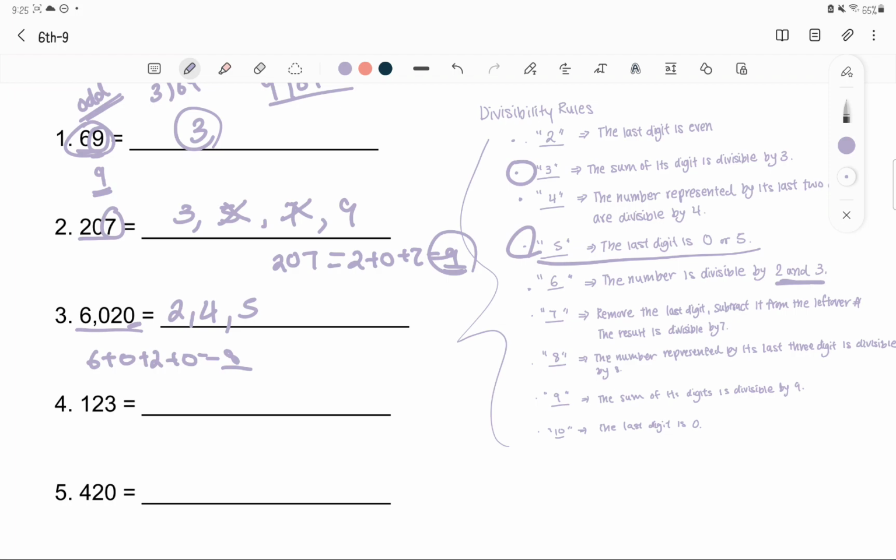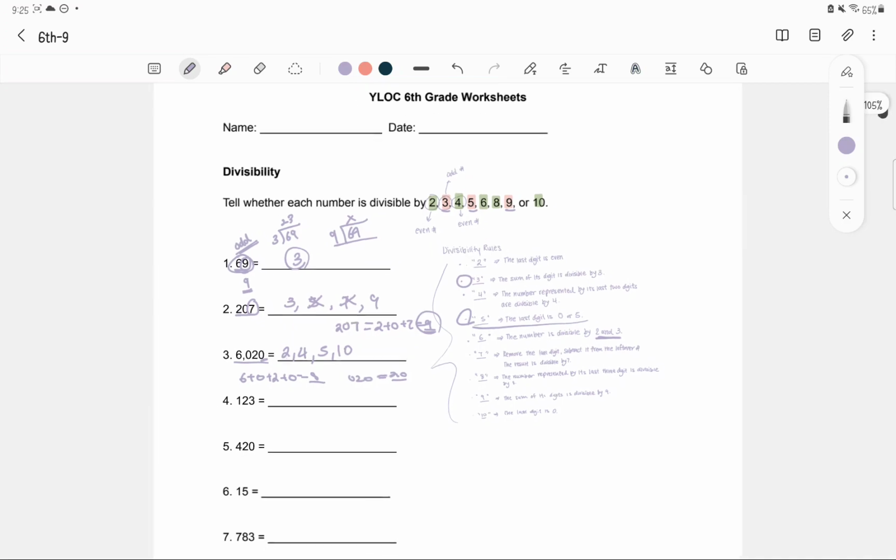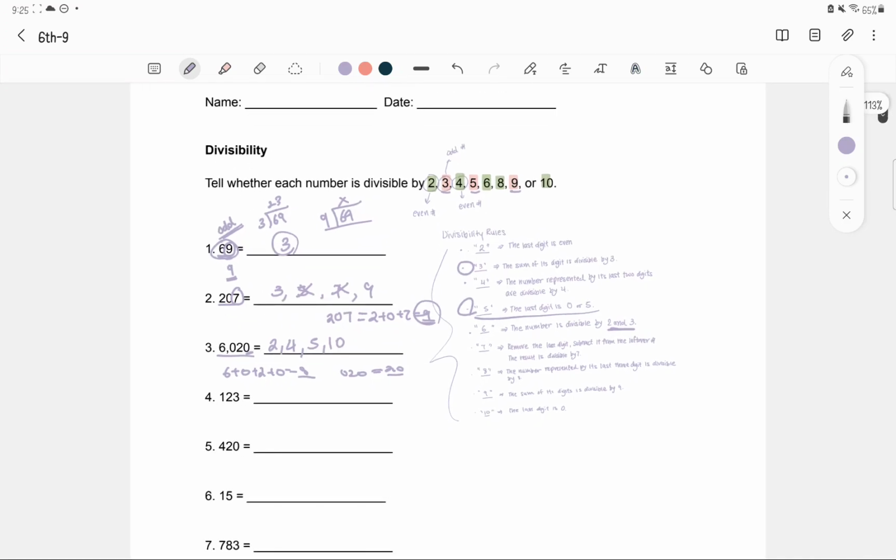We choose 020, which is just 20, and 20 is not divisible by 8, so no. Is the sum of the digits divisible by 9? No. Is the last digit 0? Yes. Okay, these are the basic summaries of finding divisibility factors.